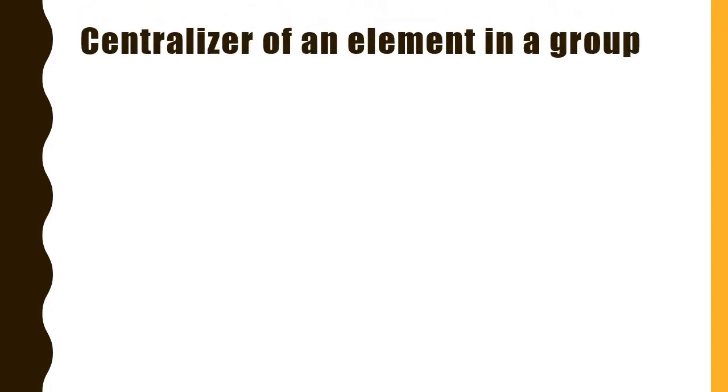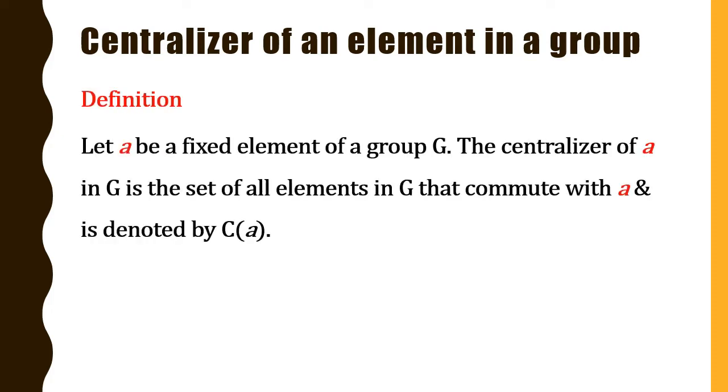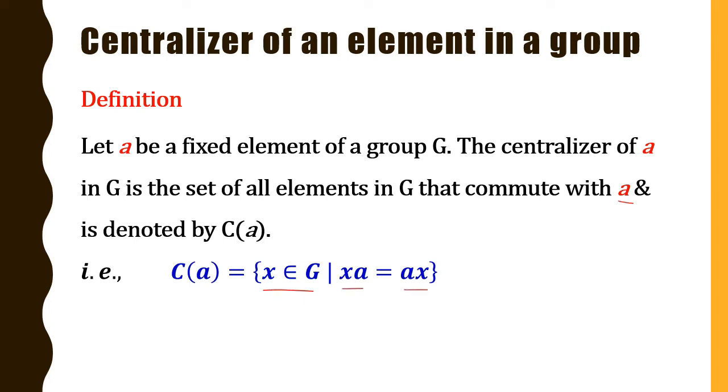Next we have another definition, that is centralizer of an element in a group. Let a be a fixed element of group G. The centralizer of a in G is the set of all elements of G that commute with a, and it is denoted by C(a). Symbolically, C(a) is the set of all x belongs to G such that xa = ax.